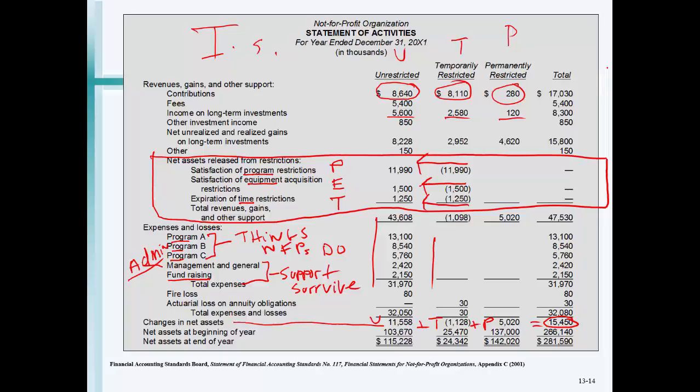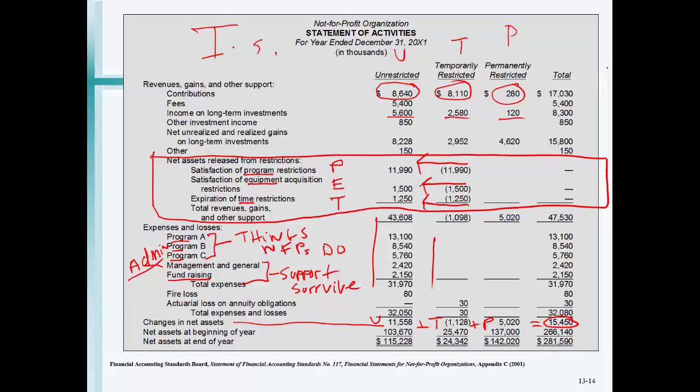Now the most important thing here is the red box I put around net assets released from restrictions. When you look at this, notice it's just like Save the Canines, isn't it? Money comes out of the temporary restricted and goes into the unrestricted.